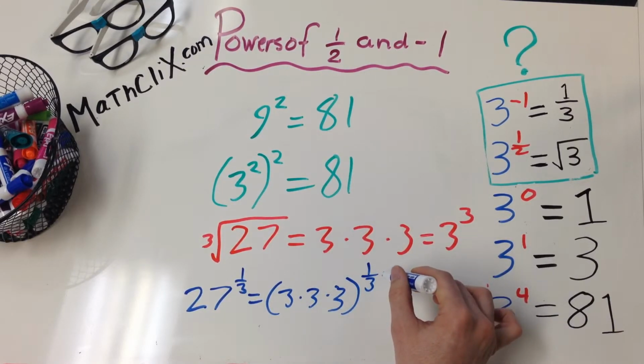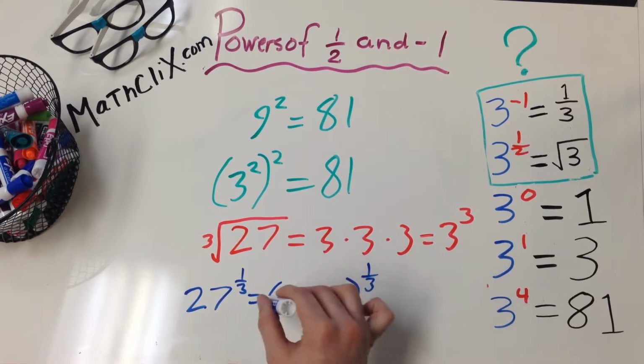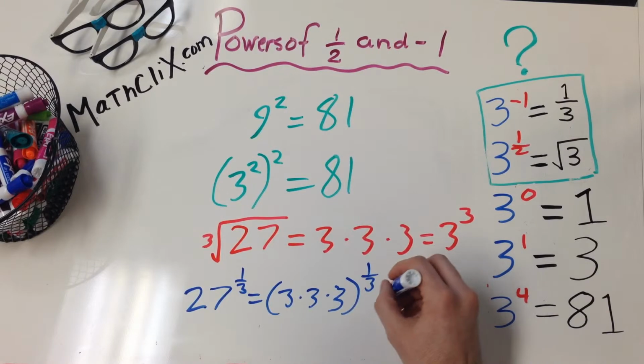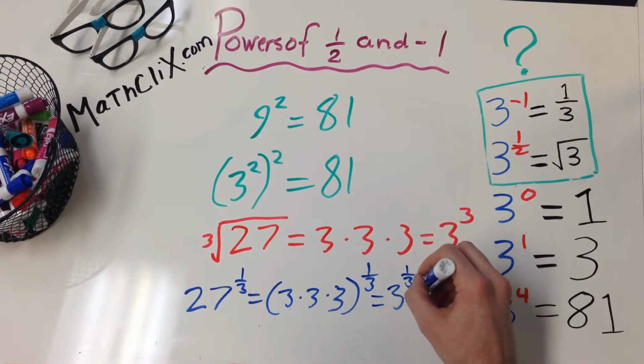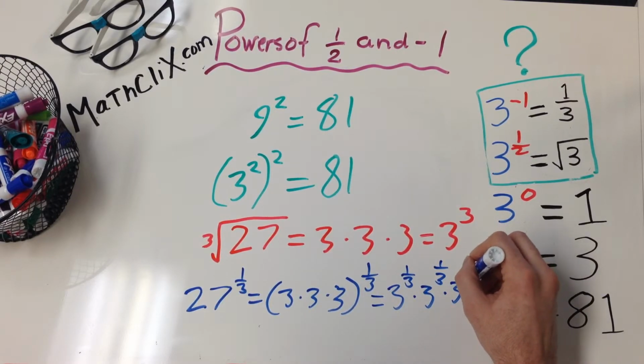And now we multiply out, and since there's no addition in here, we can distribute this 1/3 to each of the bases that are within there multiplied by each other. So this equals 3 to the 1/3 times 3 to the 1/3 times 3 to the 1/3.